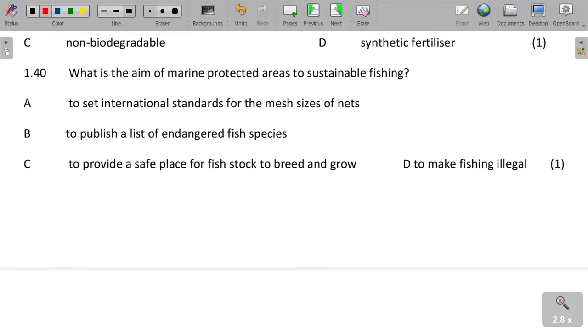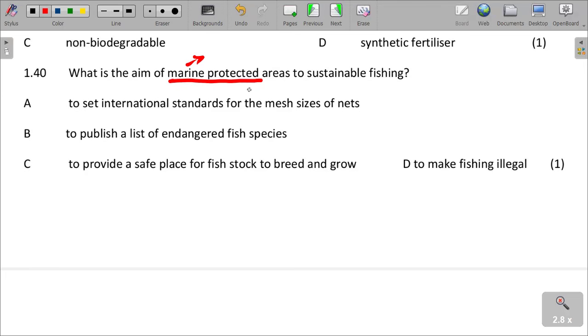The main aim of marine protected areas for sustainable fishing, number 40, is actually to provide a safe place for fish stock to breed and grow. What happens is that fish must also be given time to recover their population. To provide a safe place for stock of fish to breed and grow is what we call protected marine.